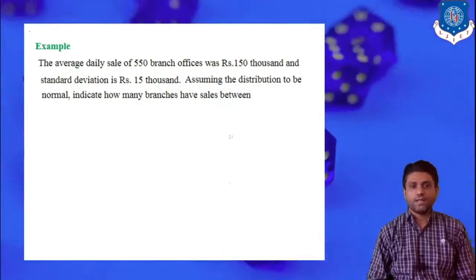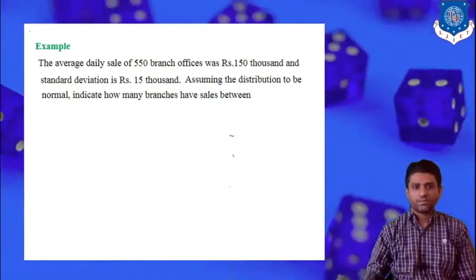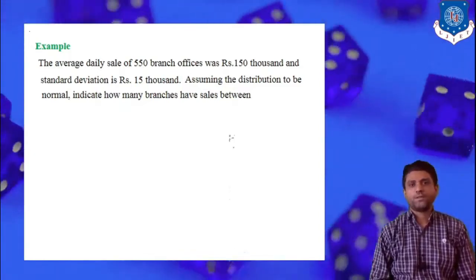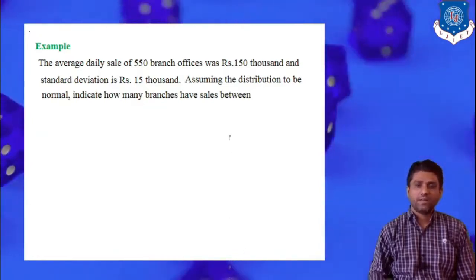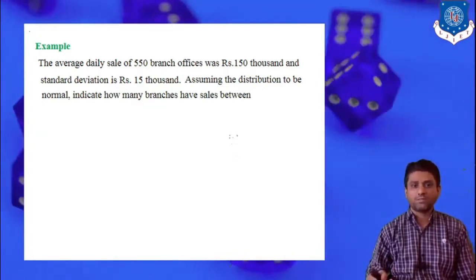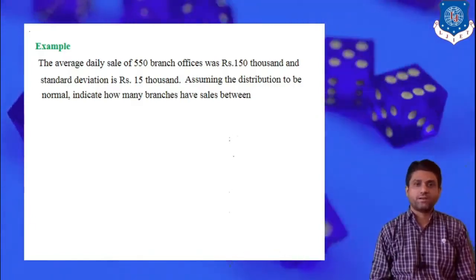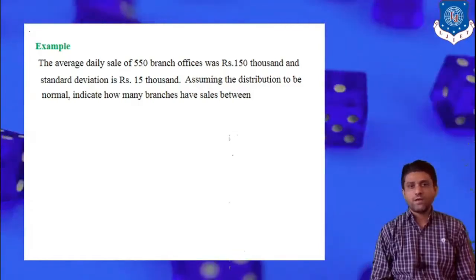The question tells us that the daily sale of a particular office is 150,000, but it may be possible that there is some decrement, that is the sale decreases or increases, and how much is represented by the standard deviation. Standard deviation is nothing but how much the data deviates from the actual mean.